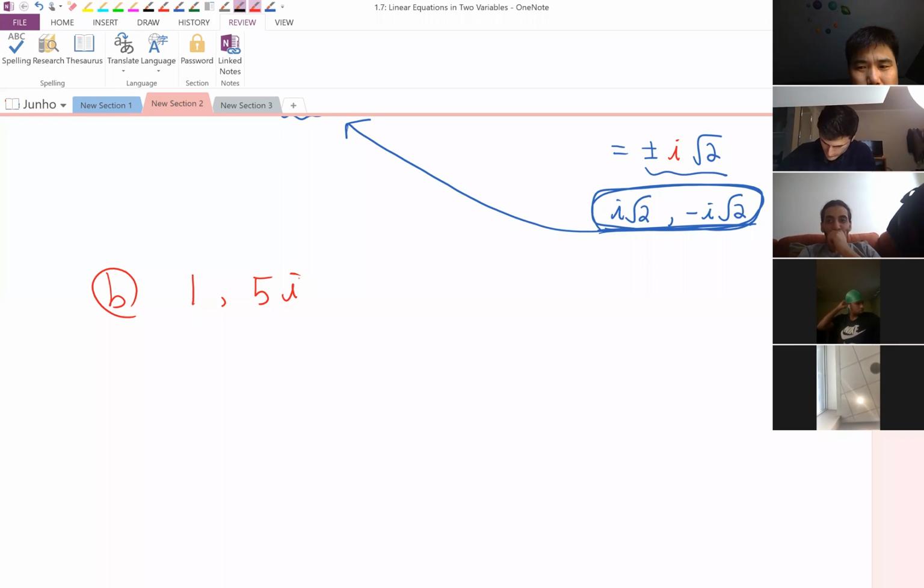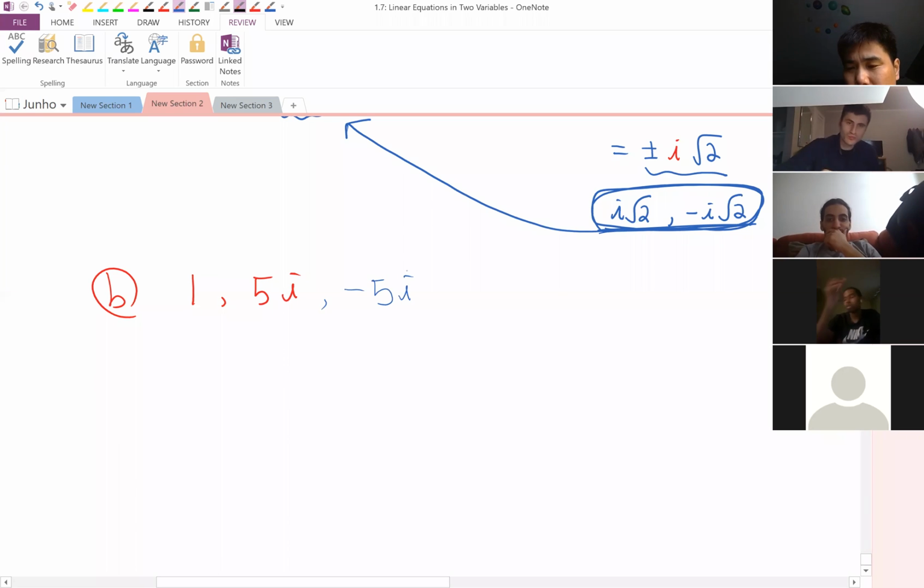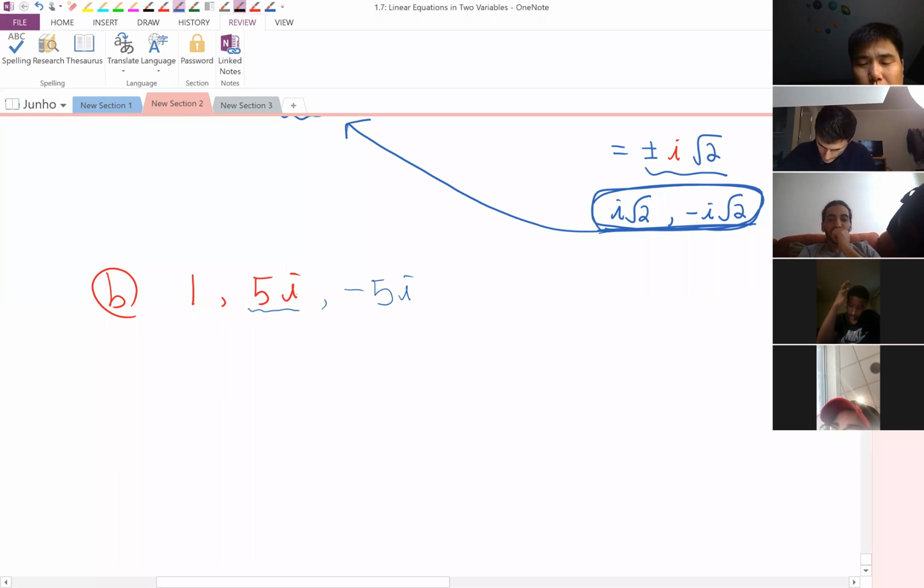Then you should think the opposite, or conjugate, as another zero value, which is minus 5i. Negative 5i. Make sense? Yes. Because we have 5i, we automatically think minus 5i is also another possible factor.